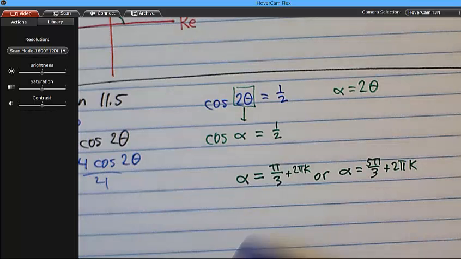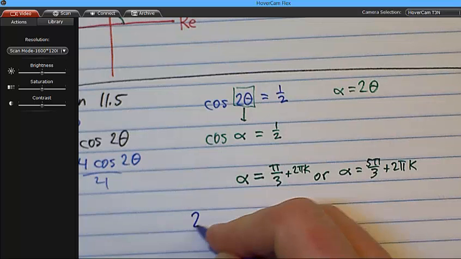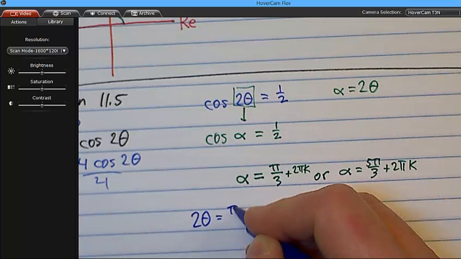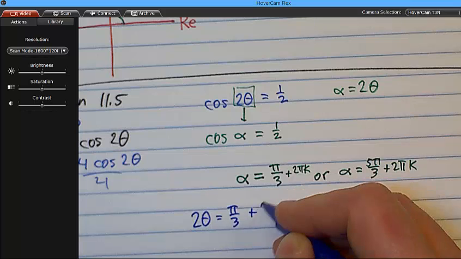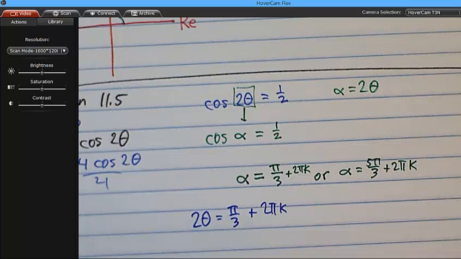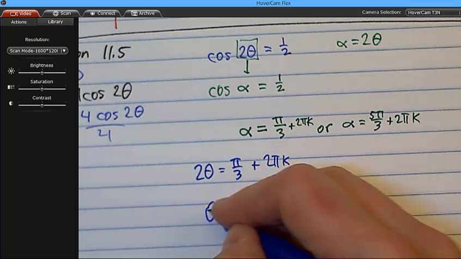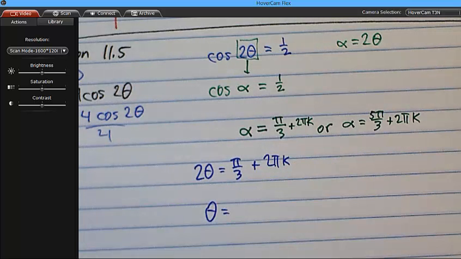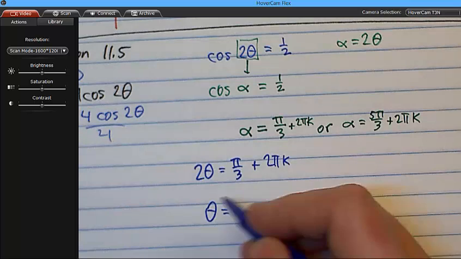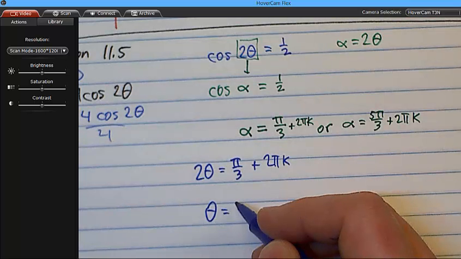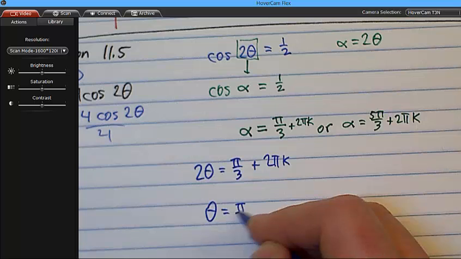Well, let's replace the alpha with what we had before. We have 2 theta is equal to pi over 3 plus 2 pi k, or something like that. And so if you want theta, you divide by 2, and instead of pi over 3, we're going to have pi over 6.